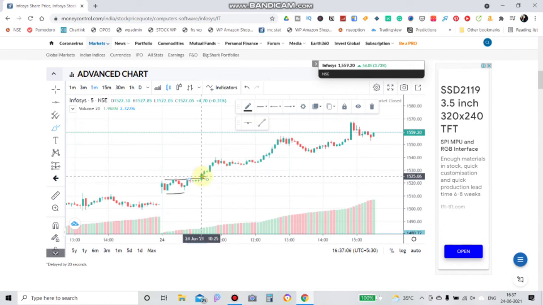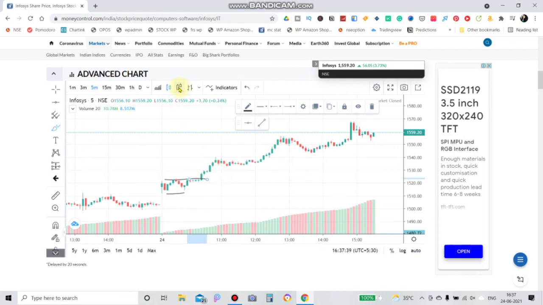So you could have got the trade here at 1525 and let it run, keeping 1 or 2 points as a trailing stop loss, or you could use the ATR as the stop loss and trail it. From 1525 till 2525, around 25 points profit.